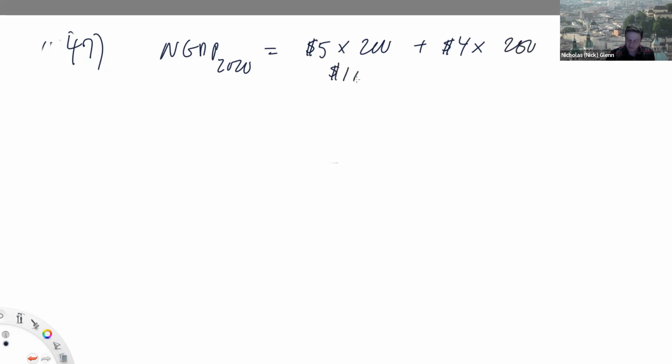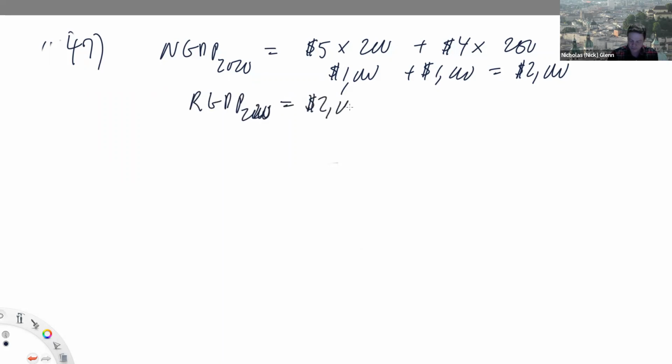This is going to be 1,000 plus 1,000, and that's 2,000. So nominal GDP is 2,000 in 2020. What about real GDP? Well, this is our base year, so it's going to be 2,000 as well, because we're using those prices.